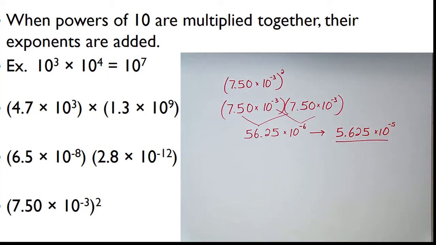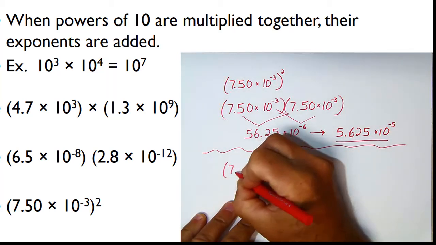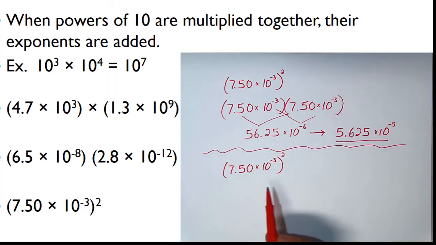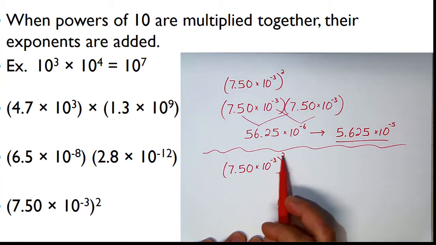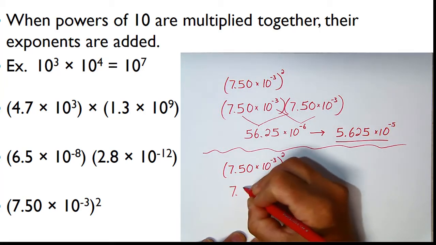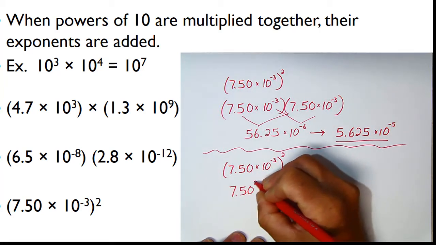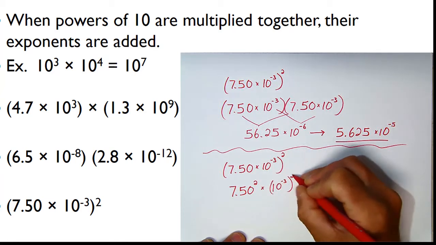But the other approach that you could take on that would be to use our properties of exponents. One of our properties of exponents said that if two things are multiplied together and there's an exponent on both, we can apply that exponent individually. So that means that we could rewrite this as 7.50 squared times 10 to the -3rd squared.